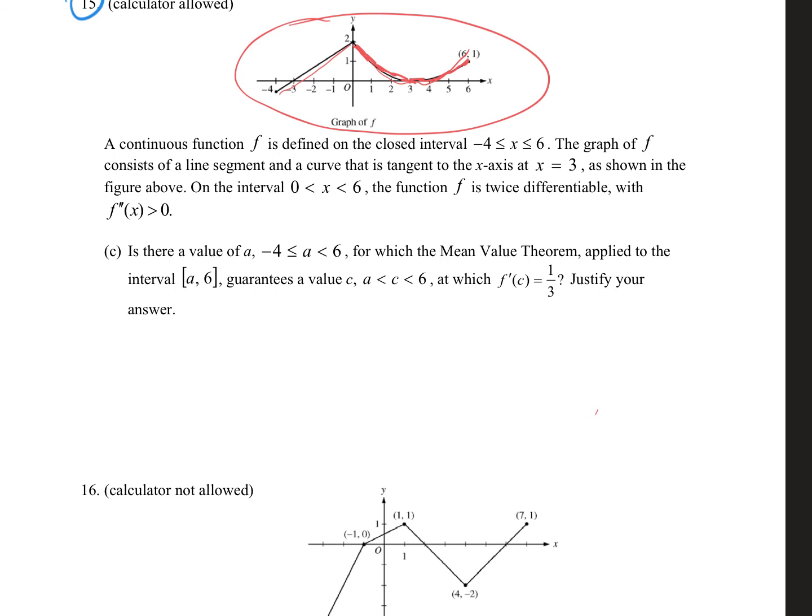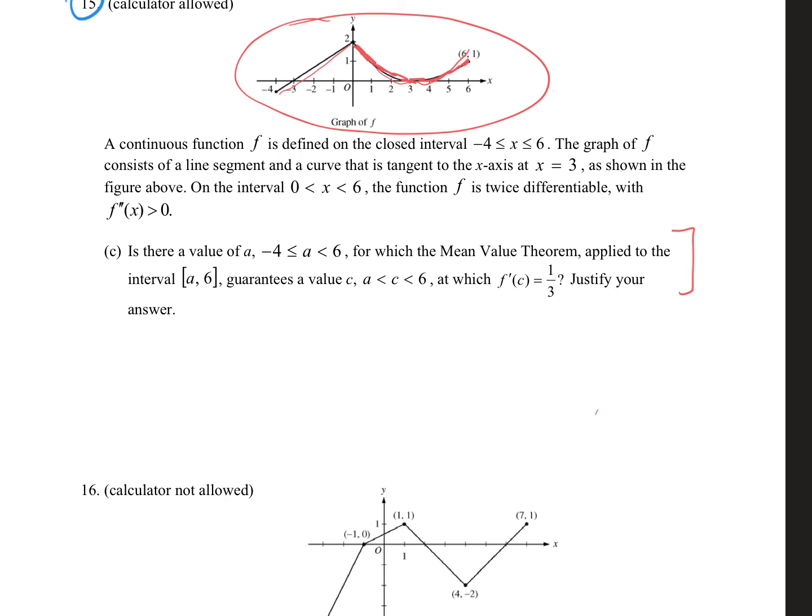The question says, is there a value from negative 4 to 6 for which the mean value theorem applied to this interval from a to 6 guarantees a value c such that f prime of c equals 1/3? Now, I think I may have skipped over a part in my answer key, so let me re-explain this.